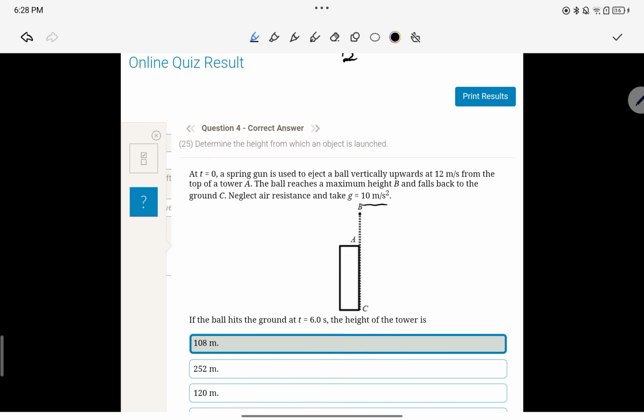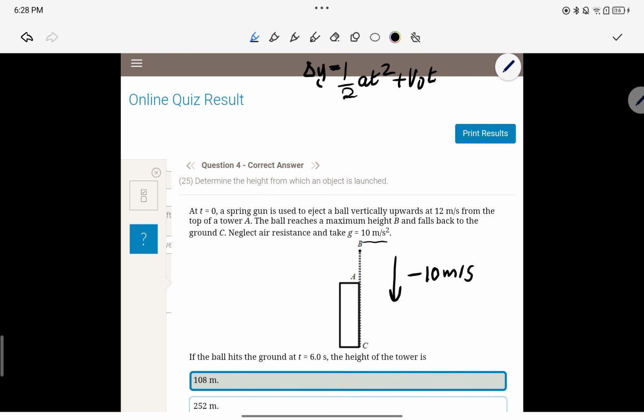The ball is going to fall down, and when you're falling down, it's negative, right? They said the gravity is 10. Now, this is the acceleration, meter per second.